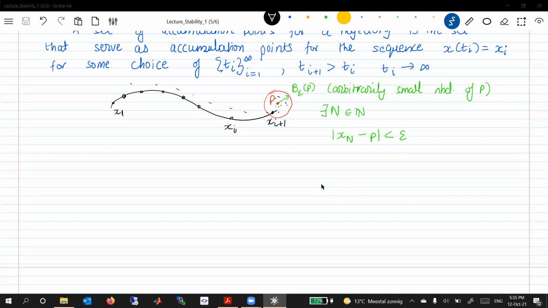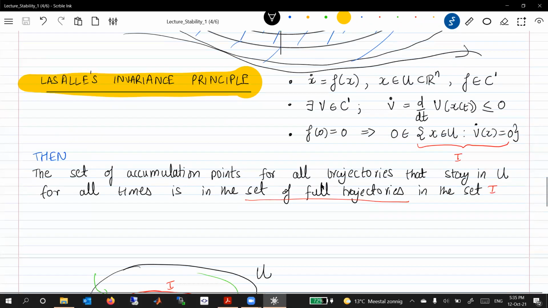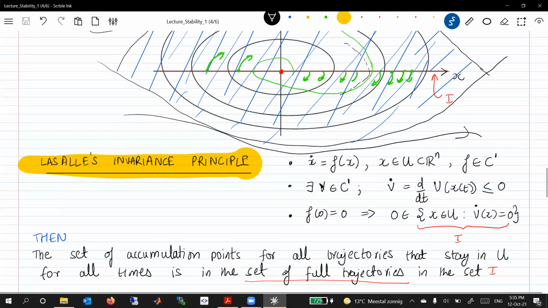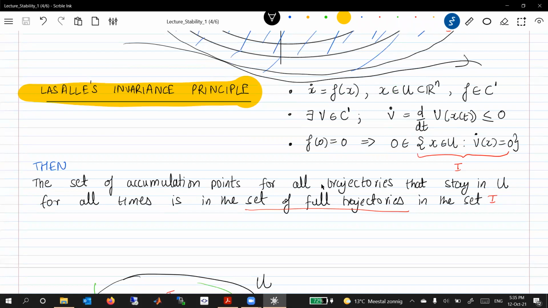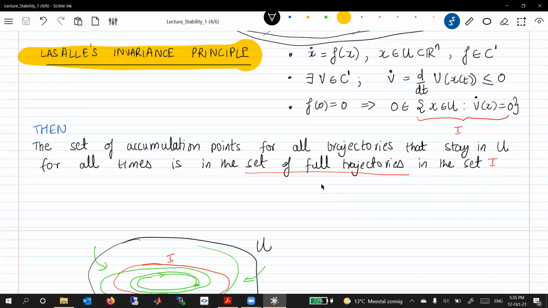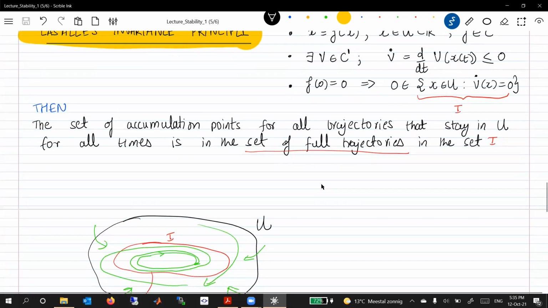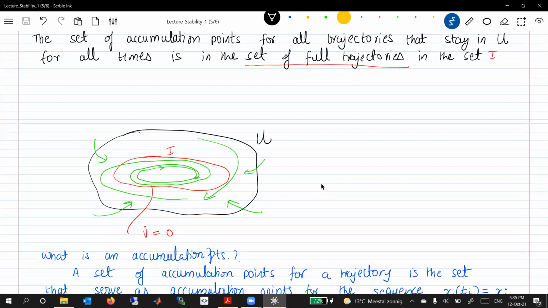So that's where you see that this is actually a very powerful and general result. It does not just apply to our simplified example, which is a very simple application of LaSalle's invariance principle. It tells us that it's a set of full trajectories that we are talking about, and it could be a periodic orbit, the set of full trajectories towards which you would keep on approaching. So this need not be one set either.